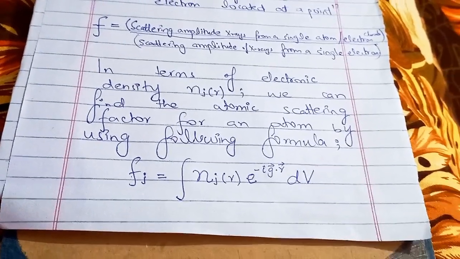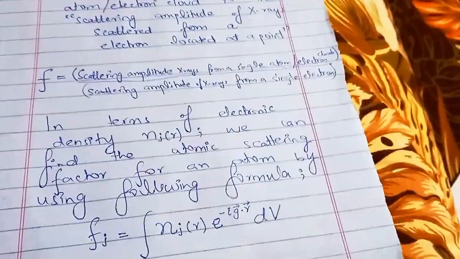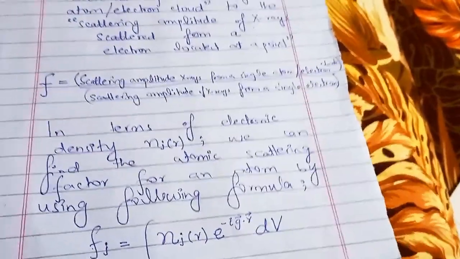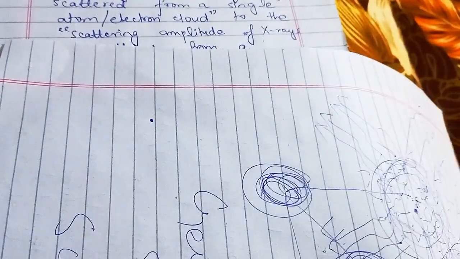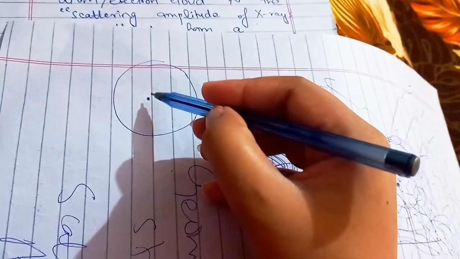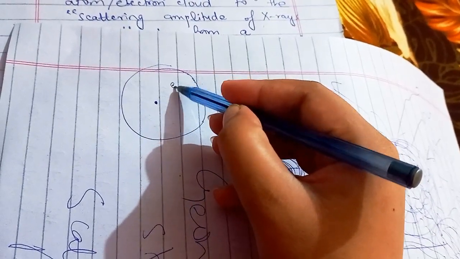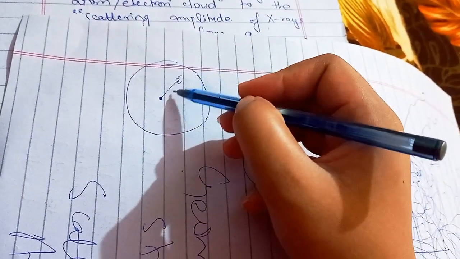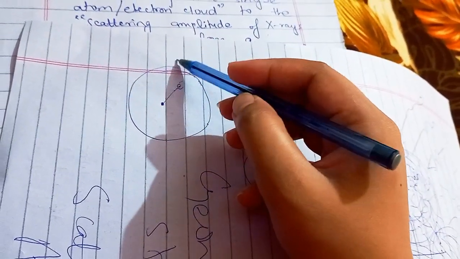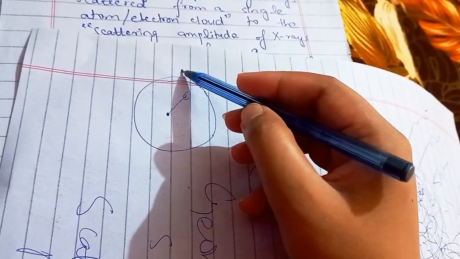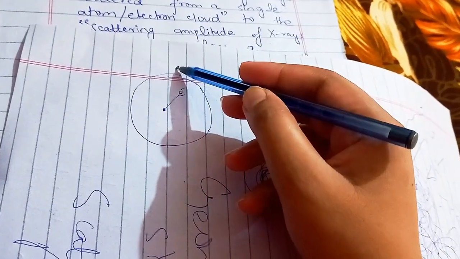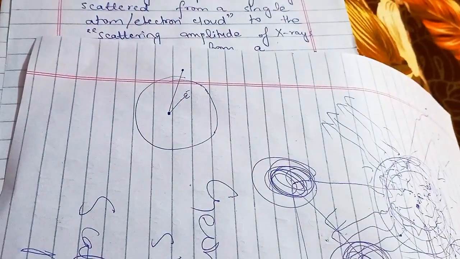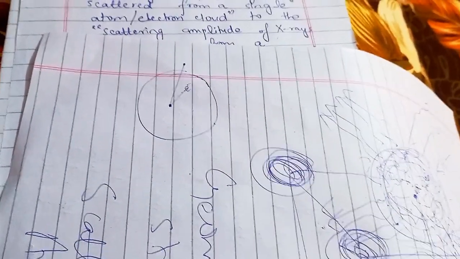All right, it is understandable, because we have supposed a situation like this: this is the nucleus, and there is the electronic cloud here, and r is the distance of the electron from the nucleus, or we can also say r is the distance from the nucleus of any given point where we want to find the atomic scattering factor, because the electronic density is not uniform throughout the cloud.